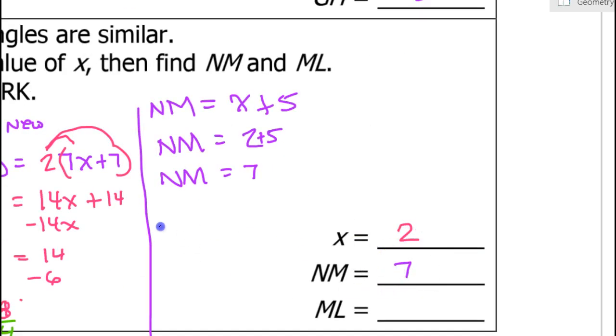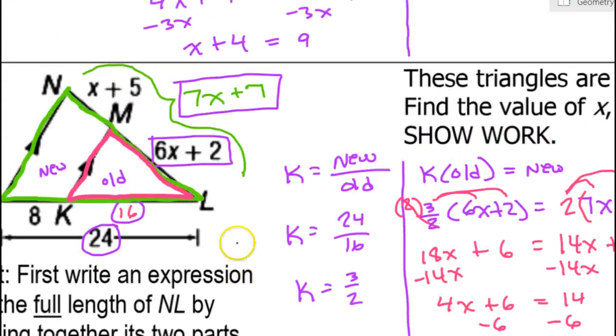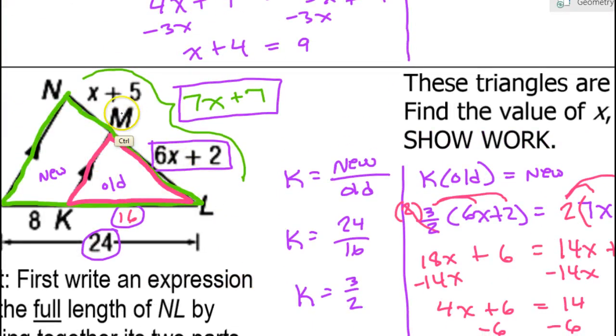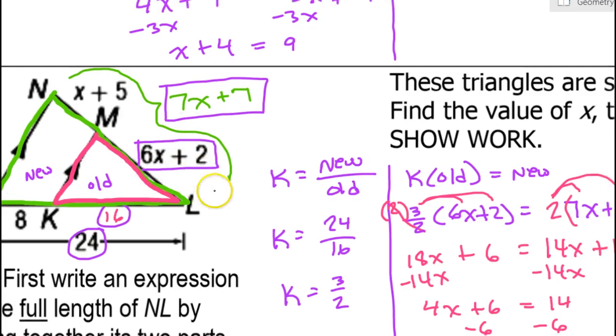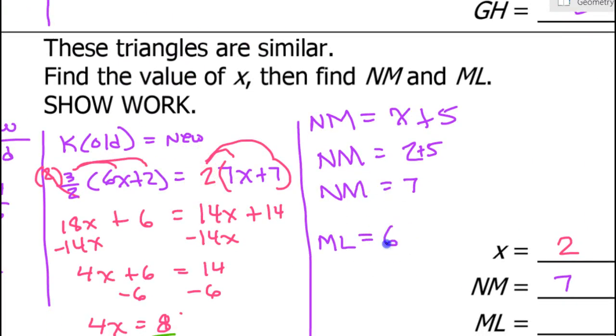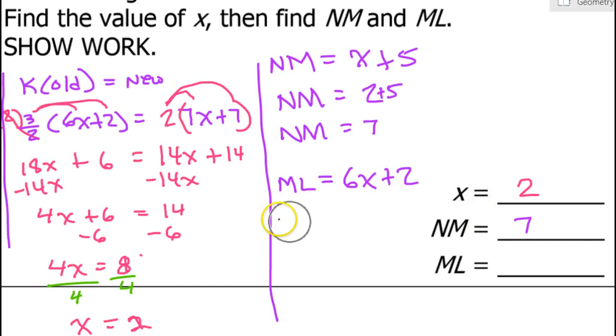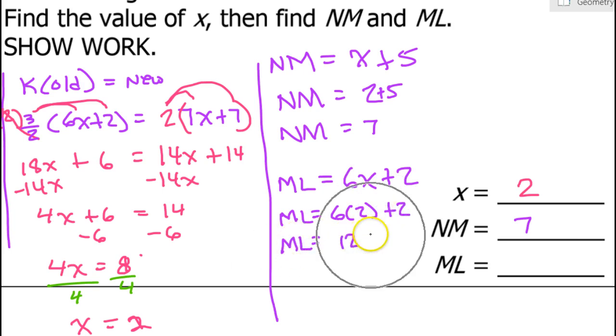And I'm also supposed to find ML. ML is 6x plus 2. But again, x is 2, so that means ML is 6 times 2 plus 2. So that's 12 plus 2. So that's 14.